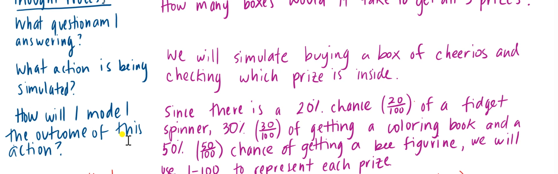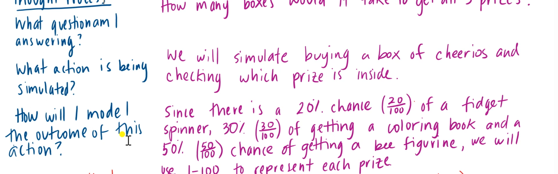In this case, this is a little more detailed than just, hey, you're having kids, it could be a boy or a girl. There's more than two outcomes, and each of the three possible outcomes are not equally likely. You have a fidget spinner that's got a 20% chance of showing up. You've got a 30% chance of getting a coloring book and a 50% chance of getting a bee.